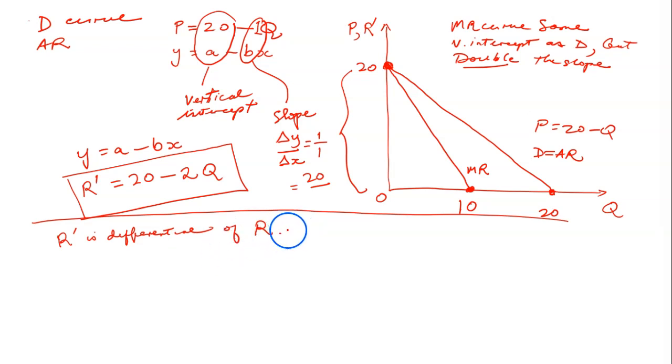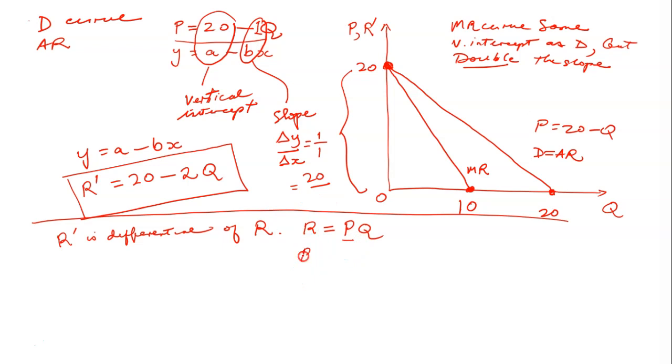So it's the change in total revenue due to a change in output, the extra increment of revenue. So what's total revenue? Total revenue is price times quantity. All we need to do is substitute the demand equation into this.